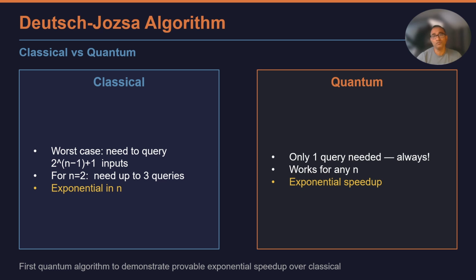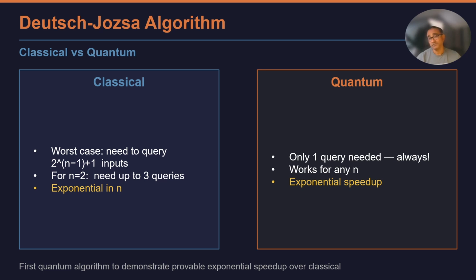Now, if you logically think with a piece of pen and paper, classically, if you take this approach for two inputs to two outputs, you will end up performing a number of queries or steps given by 2 to the power n minus 1, plus 1.